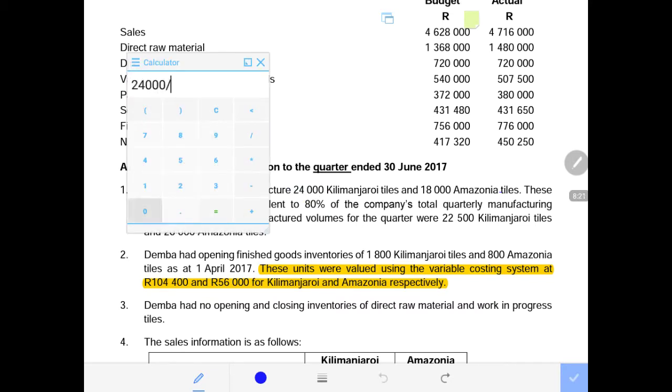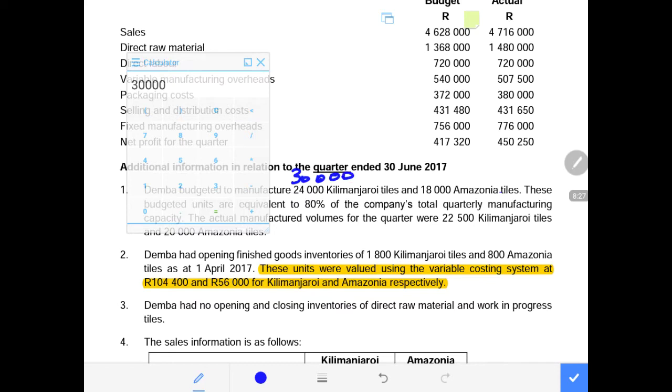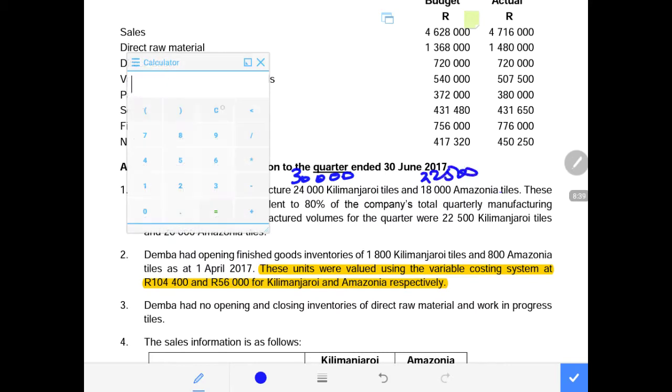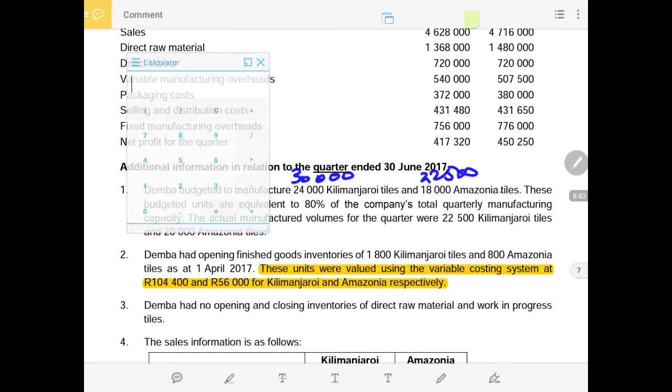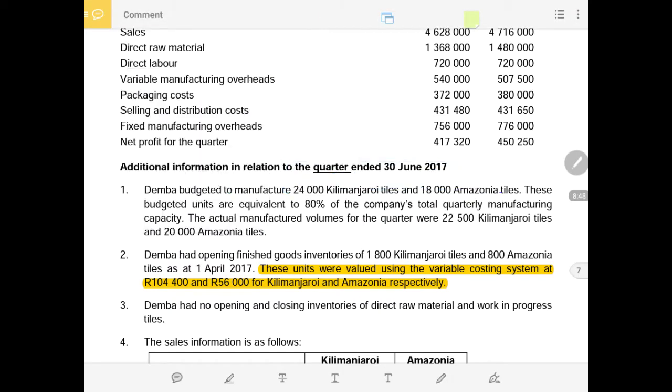That means 24,000 divided by 0.8 will tell us that the normal capacity for the quarter of the tiles called Kilimanjaro is 30,000. And for Amazonia is 18,000 divided by 80%. That will be 22,500 normal capacity for a quarter of this product. But that information might be needed or it might not be needed. We don't know as per yet, but it's very important to just do those calculations.